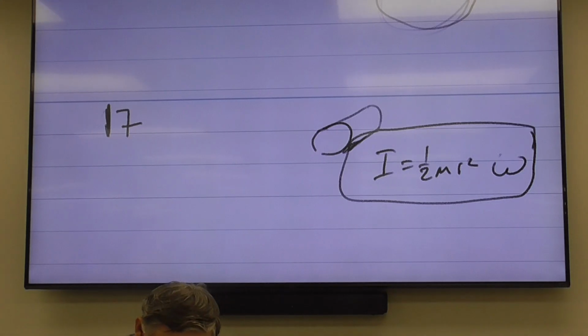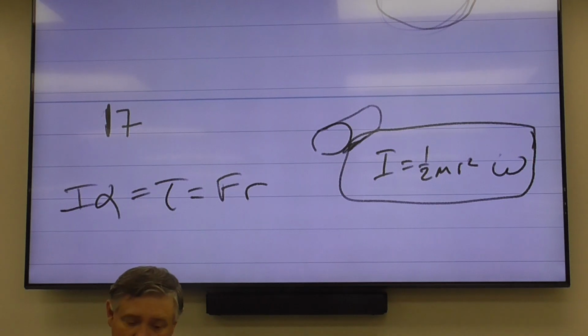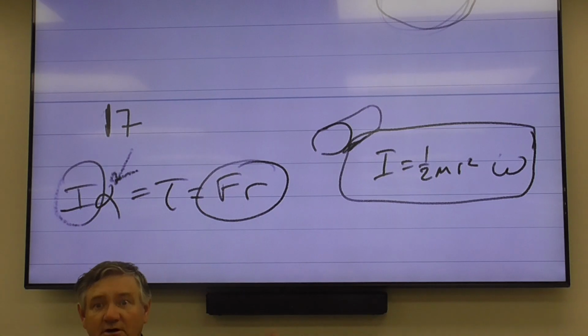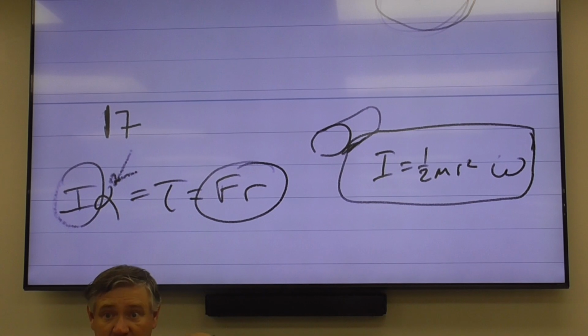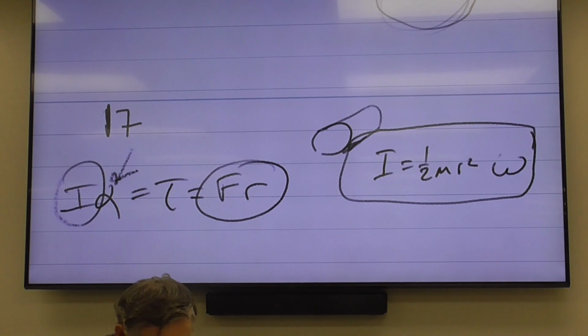0.04 newton meters. Now, you know that torque equals two things. Torque equals force times radius, and it equals I alpha. So, if you know the force and the radius, and you know the moment of inertia, then you can determine the acceleration of the object. Cool. Now you know how much it's going to accelerate.